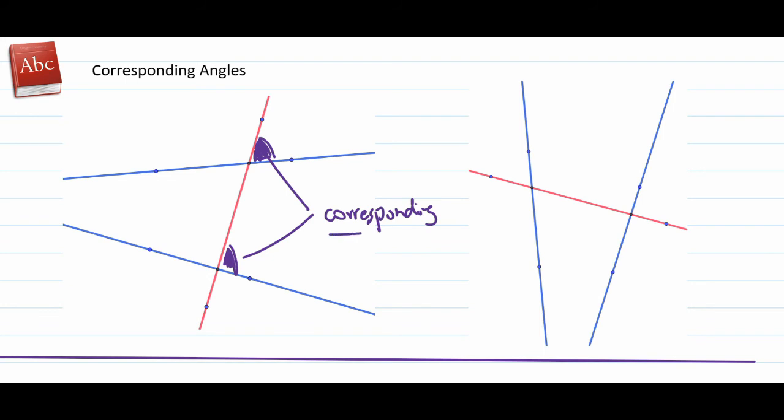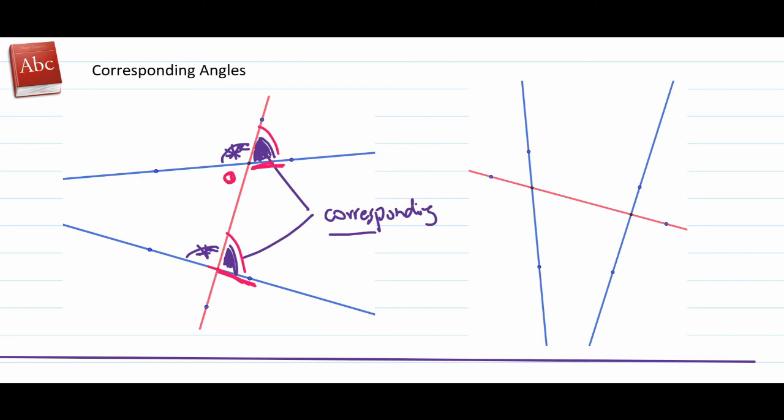Okay, in maths, correspond means usually matching or the same. And we'll notice something here. They're both on the same side of the transversal, and in this case, they're both above the blue lines. So here's another pair. This angle and this angle are also considered corresponding to each other because they're on the same side of the transversal and they're both above.